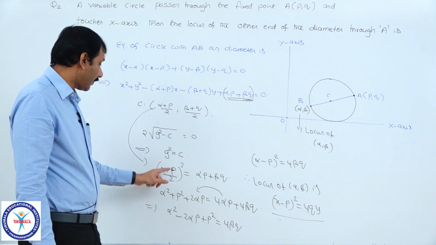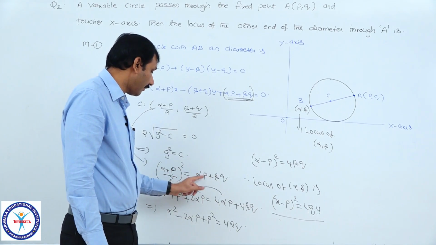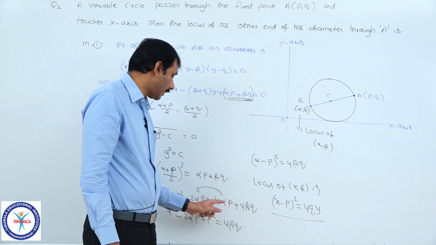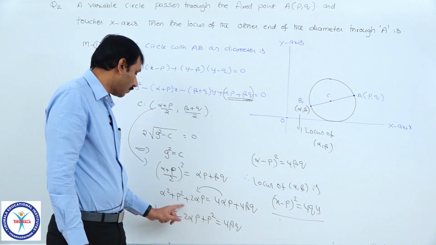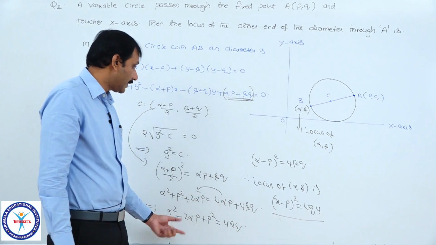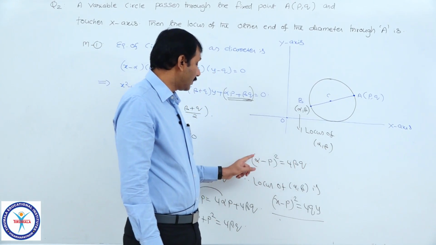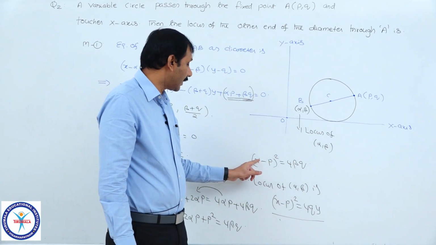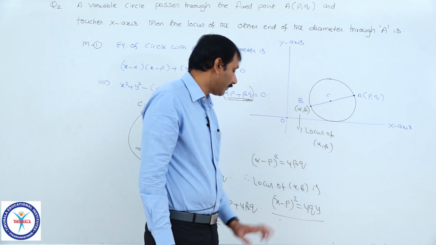That implies alpha square plus p square plus 2 alpha p equal to 4 times alpha p plus 4 times beta q. Bring this side, it will become alpha square minus 2 alpha p plus p square equal to 4 beta q. It is (alpha minus p) whole square equal to 4 beta q. Hence, the locus of (alpha, beta) is (x minus p) whole square equal to 4qy.